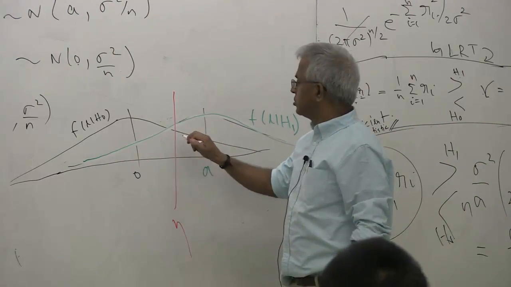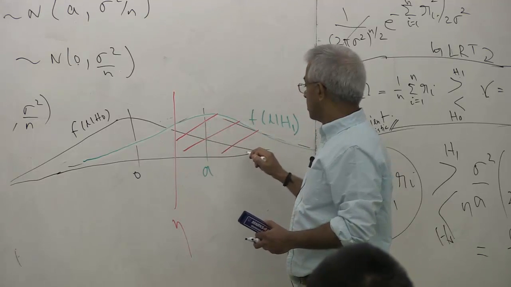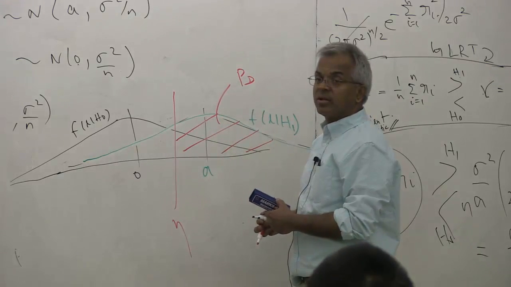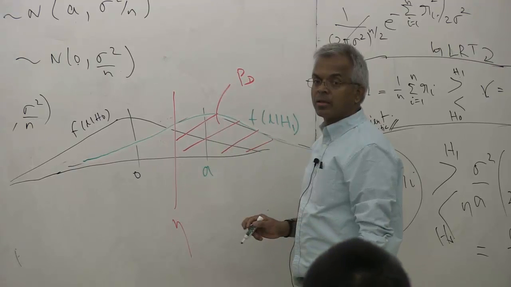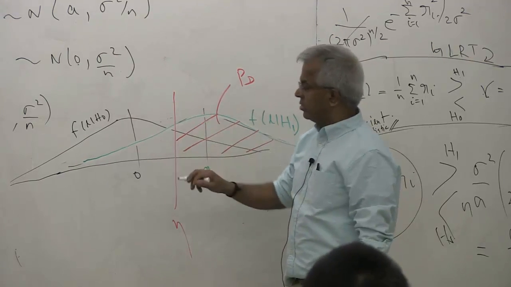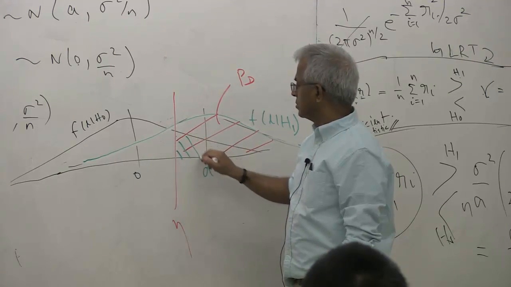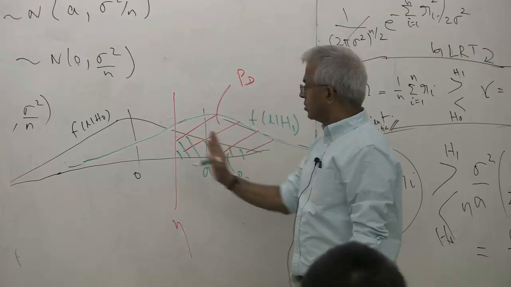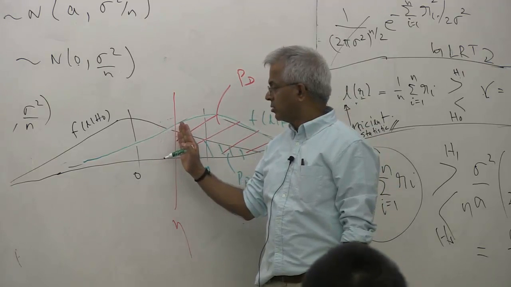And then this is PD, right? And where is PF? Under the background. Remember, you look at the thing. So PF is going to be like this. So what happens? Look here. One phenomenon: what happens if I move the threshold to the left?